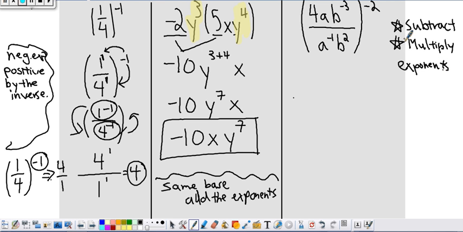You're subtracting and multiplying exponents because in this problem I have a quotient. This is a division problem, so your answer is going to be a quotient, and I have an exponent outside.